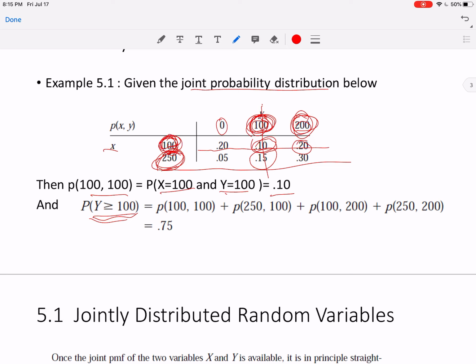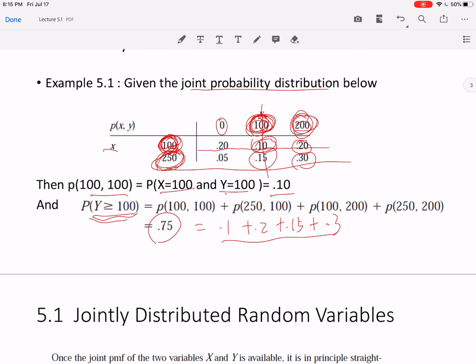The probability of this outer pair is 0.2, and then x is 250, y is 200, and the probability of this outer pair is 0.3. If you add those four probabilities together, you have 0.1 plus 0.2 plus 0.15 plus 0.3, and this whole thing is equal to 0.75, and this is where the 0.75 is coming from.